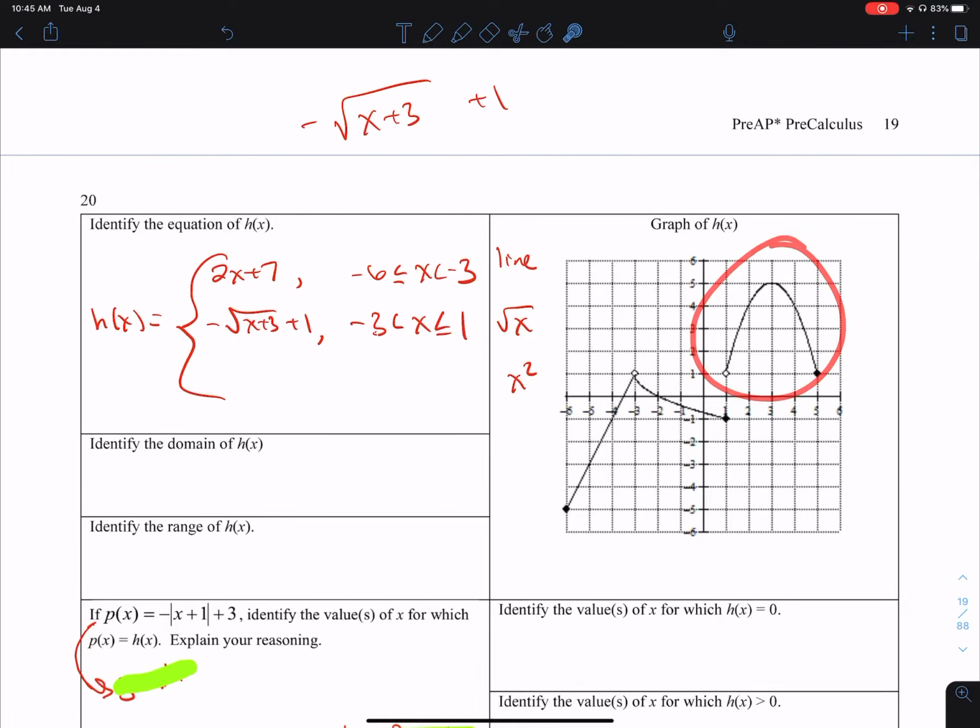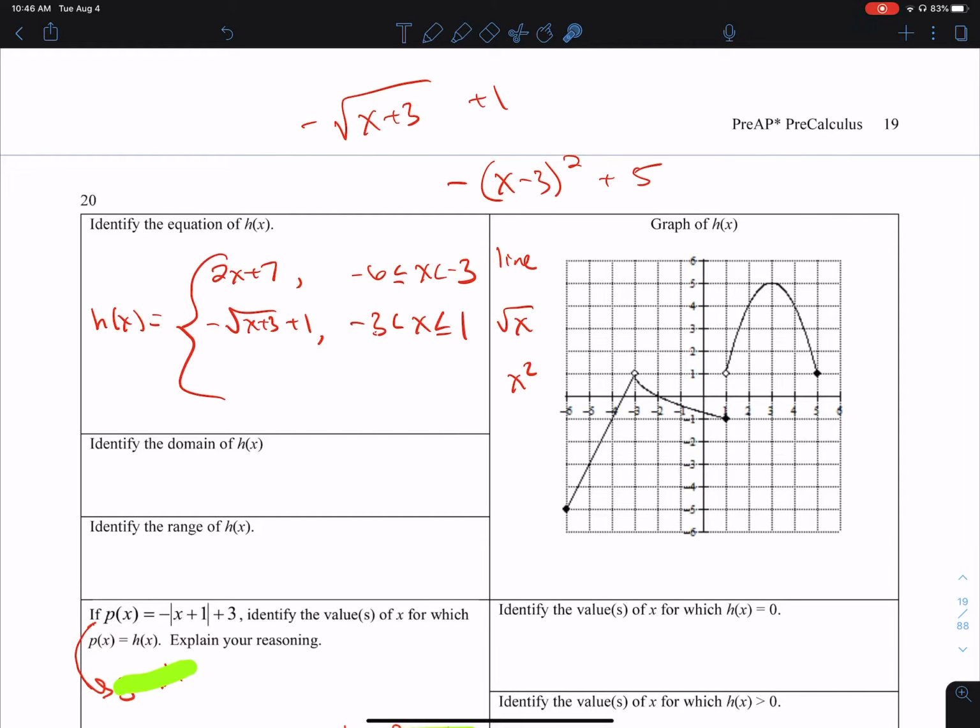This is a parabola. The vertex is at 3, 5. So that means I'm going to have x minus 3 quantity squared plus 5. Translate right 3 and up 5. That checks out. This opens down as a vertical reflection.